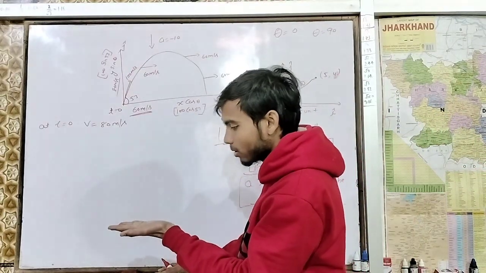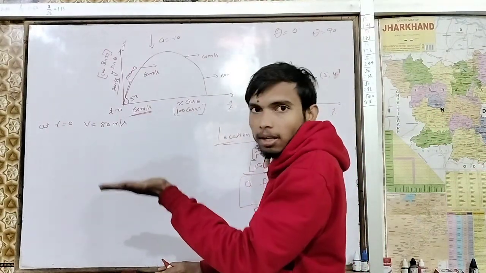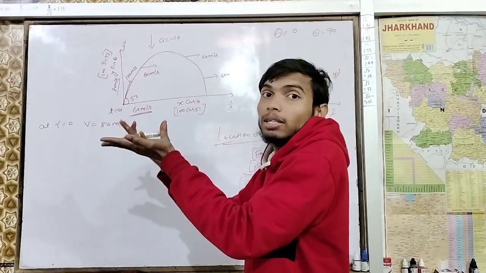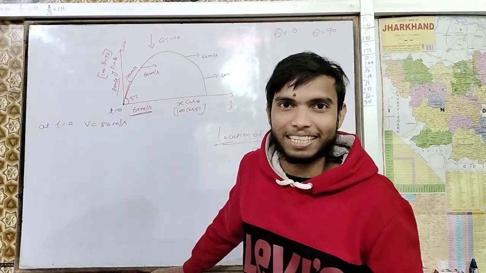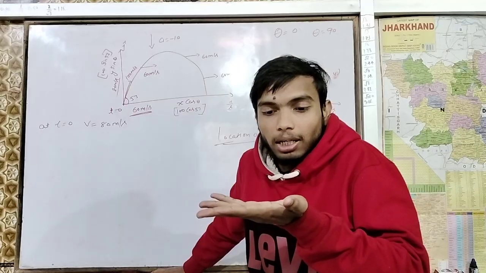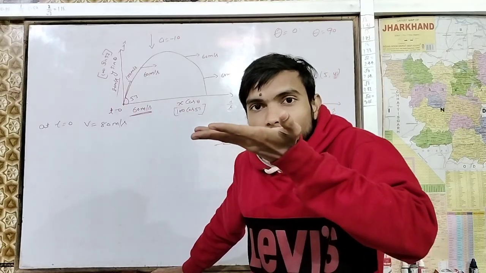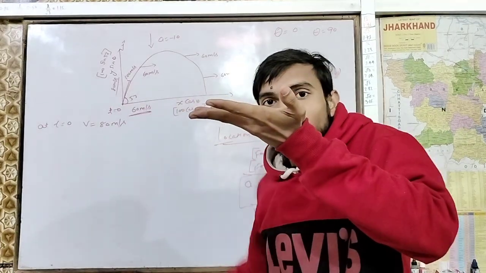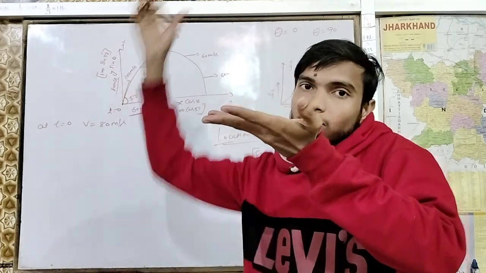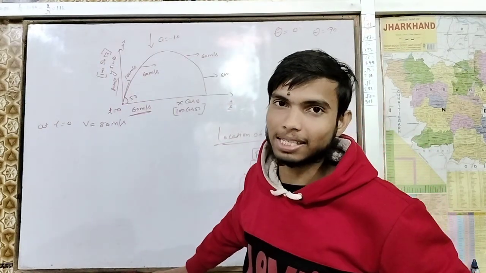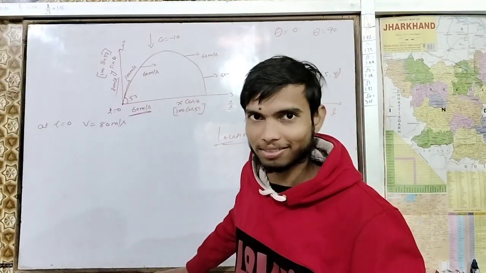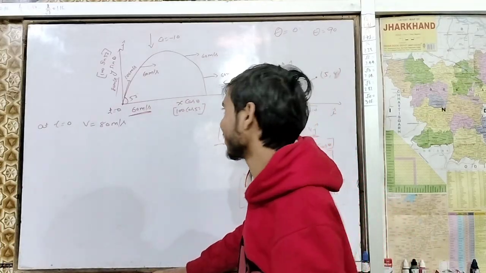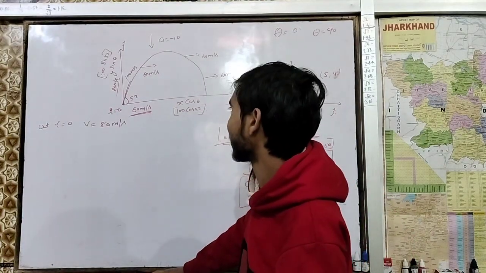As the stone went a little bit upward, velocity decreased. Again, it covered some more distance upward, then velocity decreased more. This is happening because acceleration is minus 10. That's why this is happening.